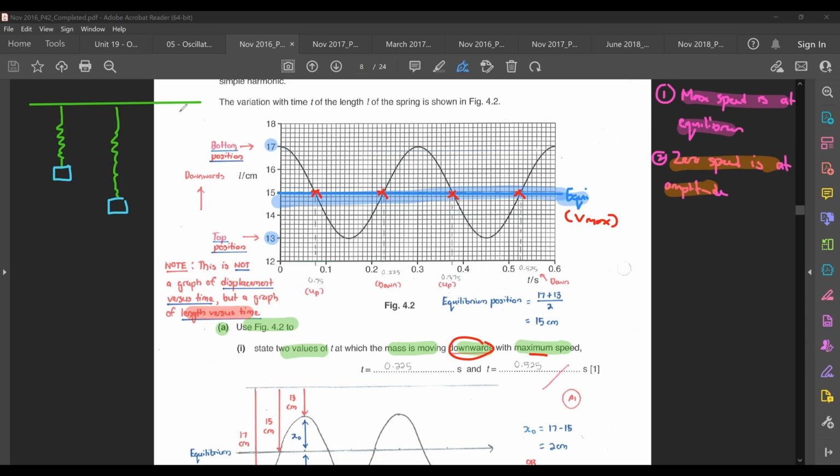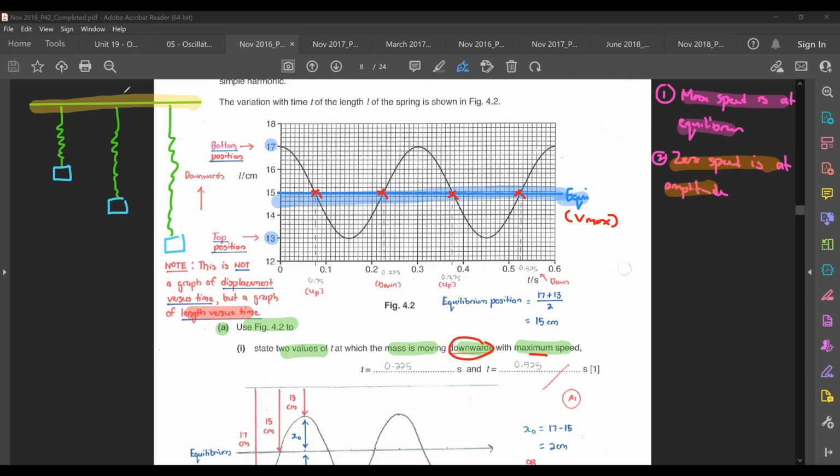And this one here, finally, could be your bottom position. Okay, so your lengths are always measured with respect to your fixed support here. They are not measured from your equilibrium, according to what your question describes here for you.